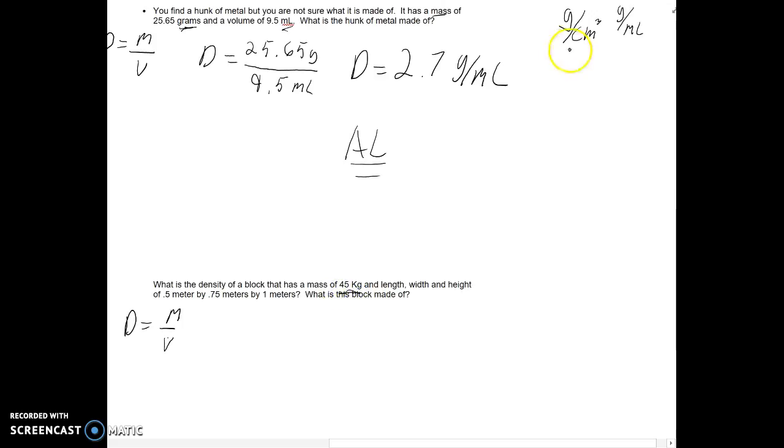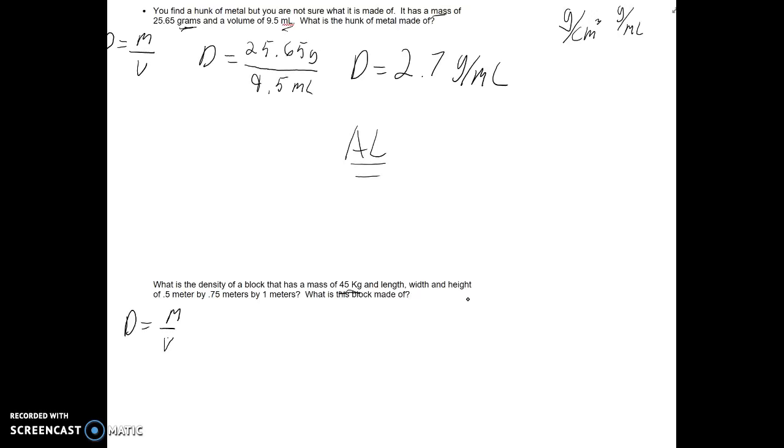And as I said up here earlier, I have to get my mass into grams. And then it gives me a length, a width, and a height, 0.5 meters, 0.75 meters, and 1 meter. That makes it really difficult for me to work with because I'm not given a volume. So I just have to figure out what that volume is. I guess it's really not that difficult.